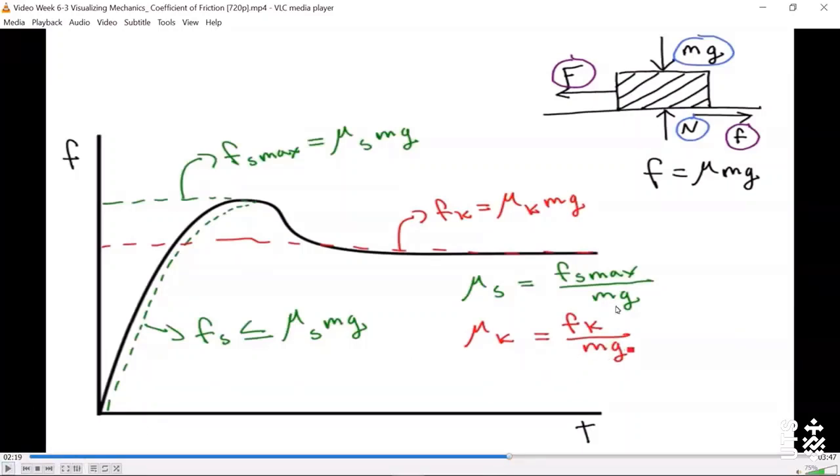For kinetic friction force, it's different. If you know mu k, kinetic friction coefficient, then use mu k. You can work out the actual kinetic friction force.